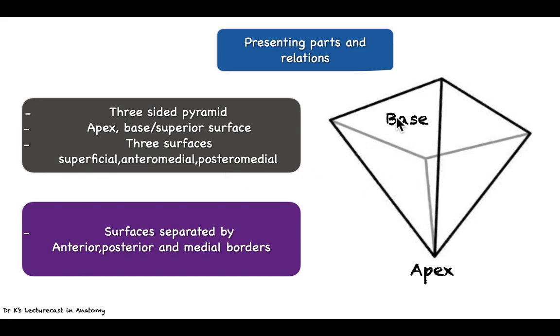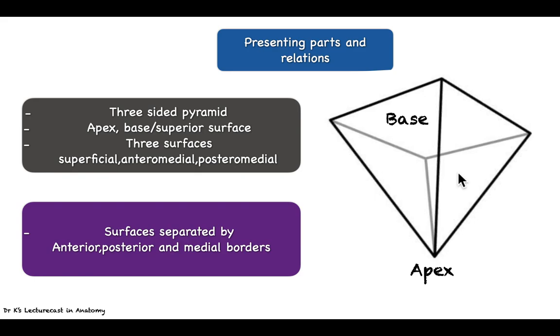Superficial is always related to the skin. You remove the skin and few structures, you see the parotid gland. This is medial aspect. Imagine a midline here. So, medial aspect, there is an anteromedial. This triangle, we can take it as the anteromedial, and behind that, this part, we can take it as the posteromedial aspect.